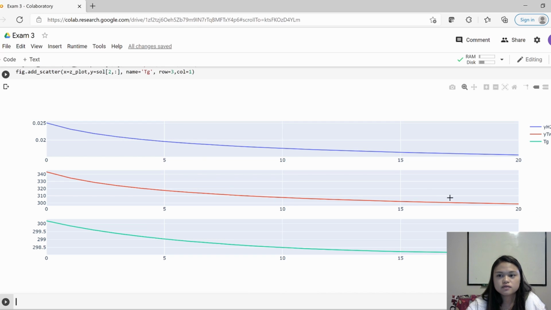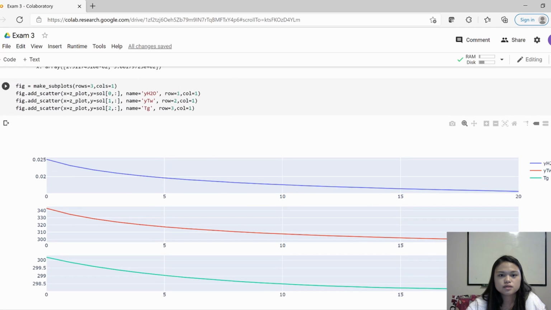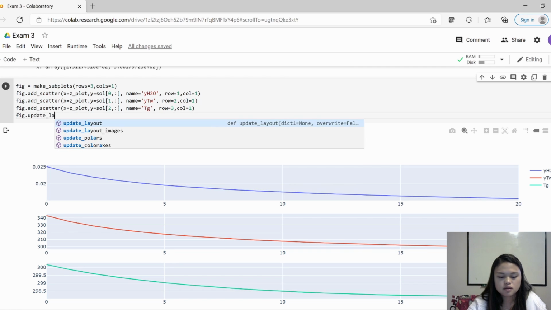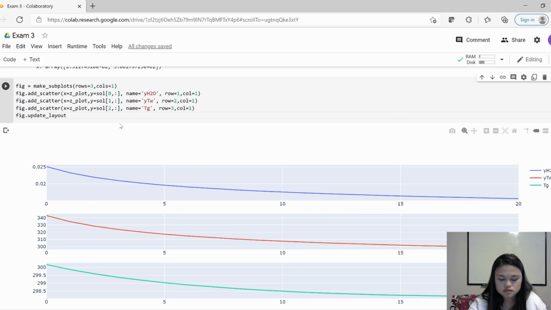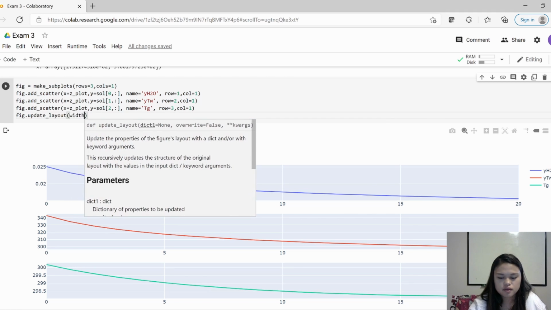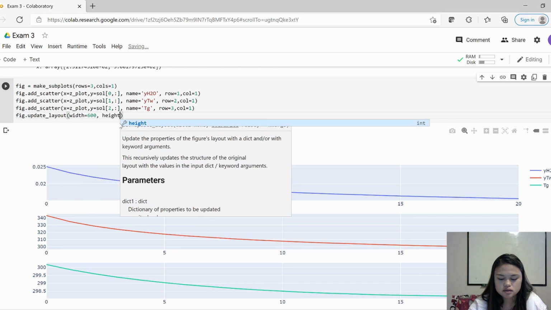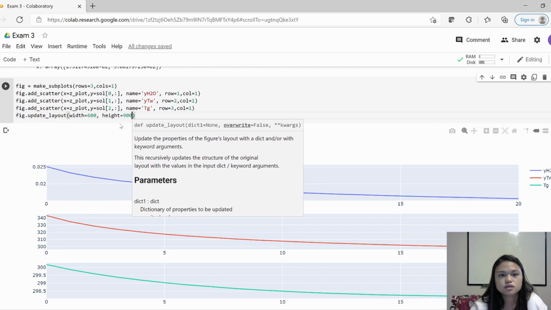Okay, so these are kind of long, so I might want to update the figure and change the layout. So maybe I'll make the width equal 600, and then the height equal 900.